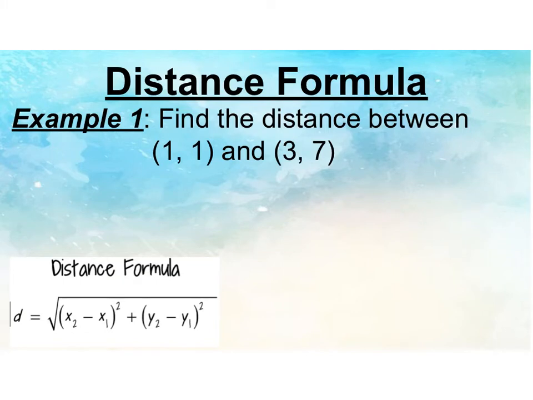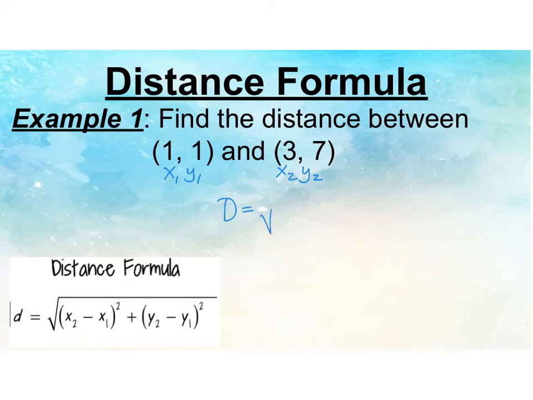Let's try this example. We're going to find the distance between the 2 points (1, 1) and (3, 7). I would suggest writing x1, y1 and x2, y2 to help you fill in the formula correctly.